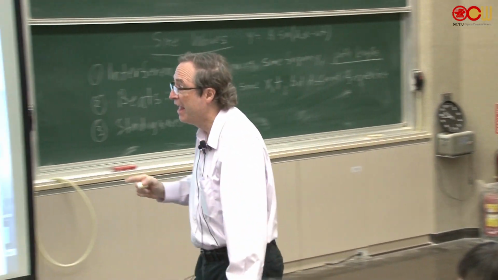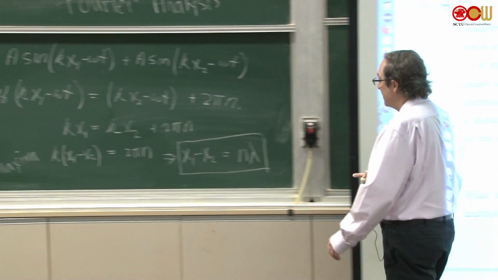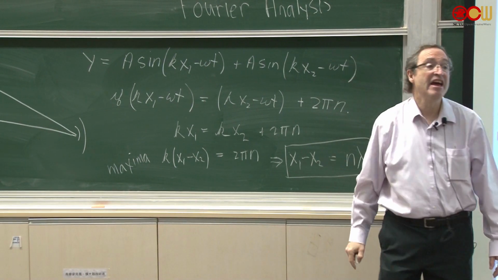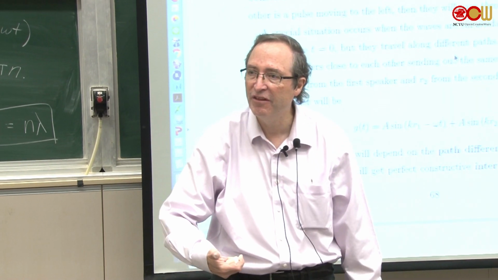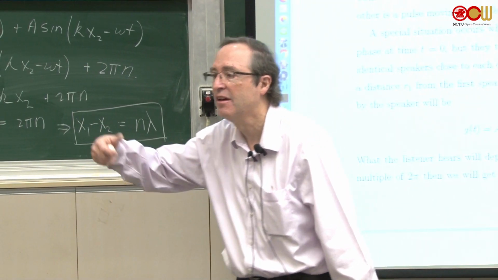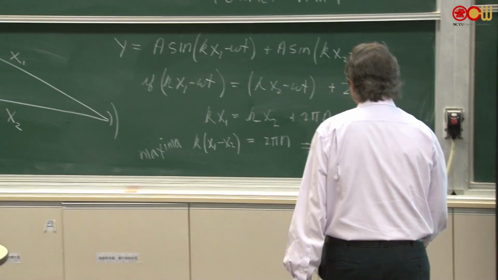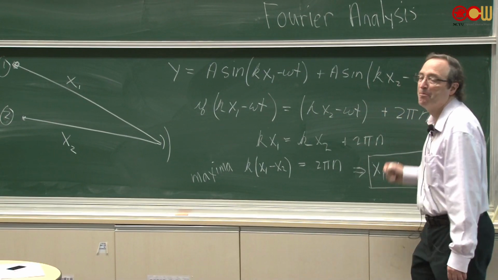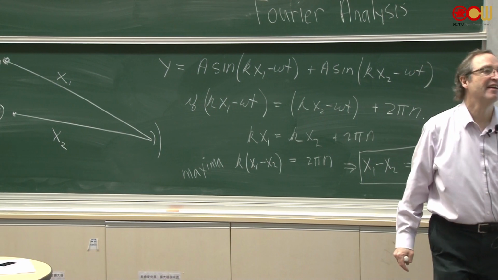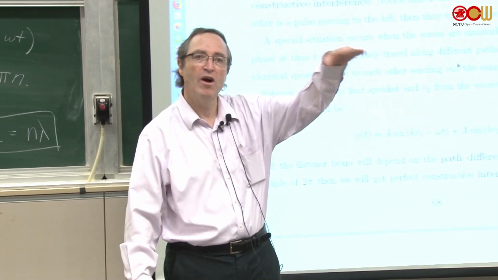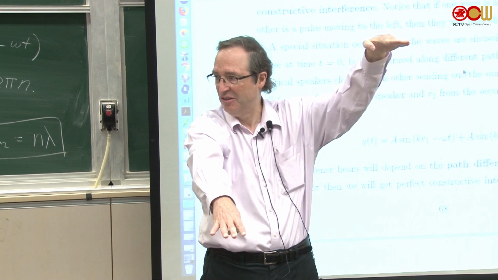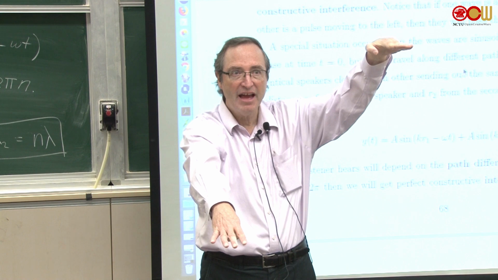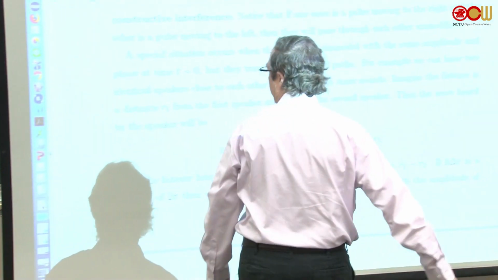They add up. However, if x1 minus x2 is a half fraction of a wavelength, either 1/2 of a wavelength, 3/2, 5/2, then these two will differ by pi. And then one sine wave will be up, and the other will be down, and they cancel. Everybody see that? And you get a minimum.